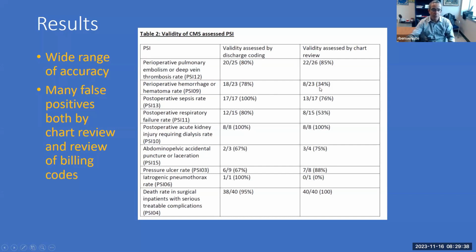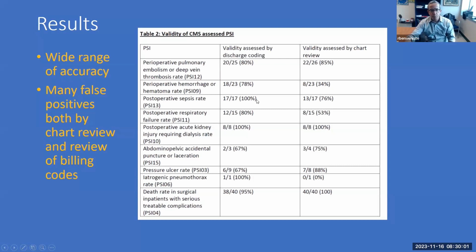And the biggest source of error here was there were a lot of transplant patients who had very low platelet counts, who were coagulopathic. And the fact that they were coagulopathic or thrombocytopenic never made it into the discharge coding. So by CMS's own criteria, only about a third of these PSI events were real based on chart review.